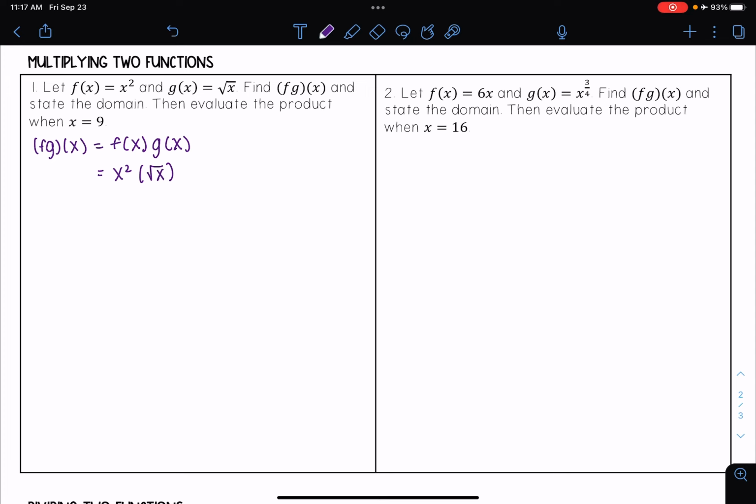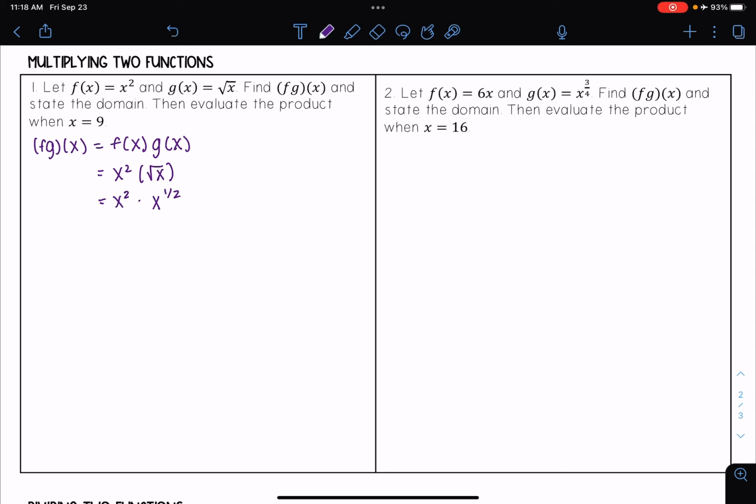One is in exponential form and the other is in radical form. Well, we learned that we can go ahead and rewrite this one that's in radical form into exponential form. I can do that by saying the square root of x is the same thing as x to the 1/2 power, because that index here is really 2.